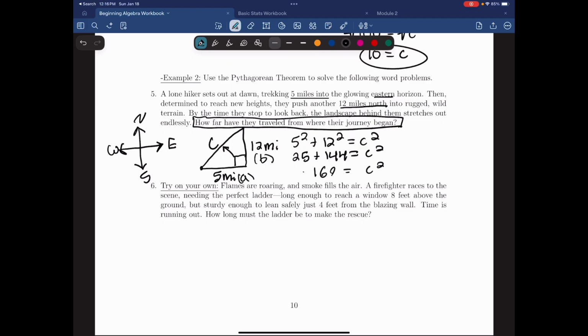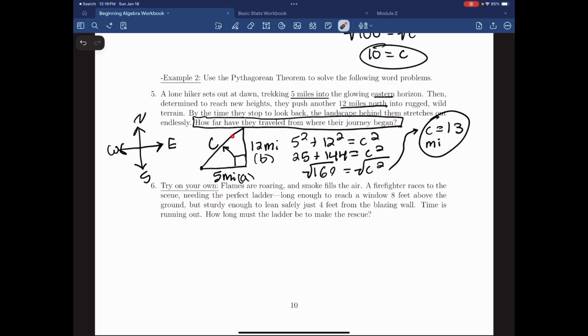Now, to solve for c, I'm going to square root both sides. What we get? c equals 19. Not 19, 13. c equals 13. So the hiker is exactly 13 miles away from where they started.